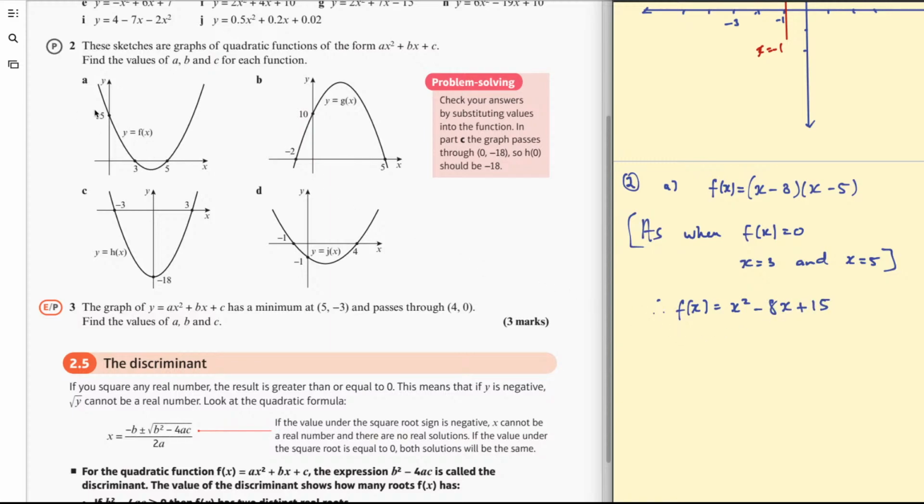And then you can see that if x equals 0, y equals 15. So that checks out as well because the y-intercept is 15. Okay. So for the values of a, b, and c there, a equals 1, b equals -8, and c equals 15.